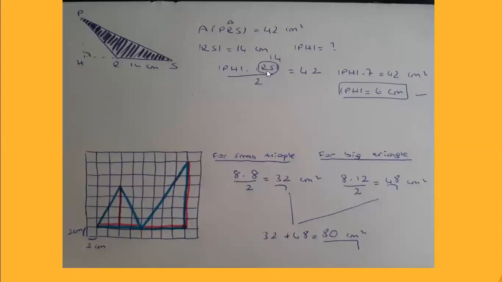Then look at the PH times RS over 2 is equal to 42. This side 14. So this side times 7 is equal to 42. So we find the result is 6 centimeters. Okay? We find this question from the formula.